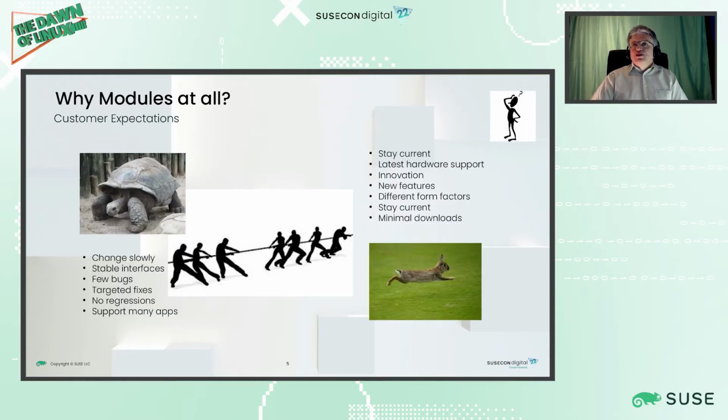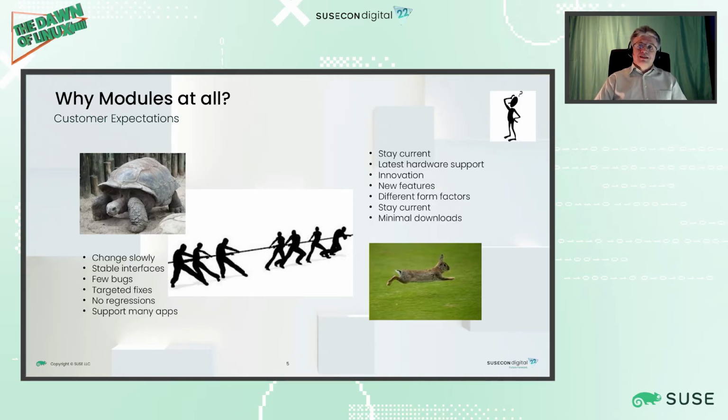So why modules at all? I mean, why that split? Why being selective? Well, in the end, there are two types of customers on both extreme sides. There's a wide variety in between, but let's stay at the extremes a little bit. We have the customers that want slow changes and stable interfaces.